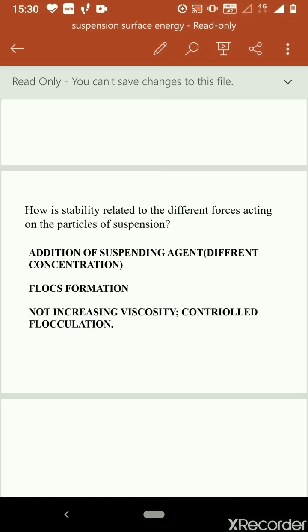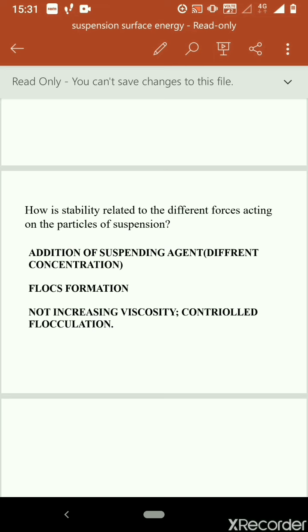When the appropriate viscosity is not achieved, then pourability can be a problem. So the optimum concentration of suspending agent will consider proper settling of particles over a larger period of time, and not increasing the viscosity of the suspension so that the suspension can be easily poured from the bottle to a glass or any other dispensing device.